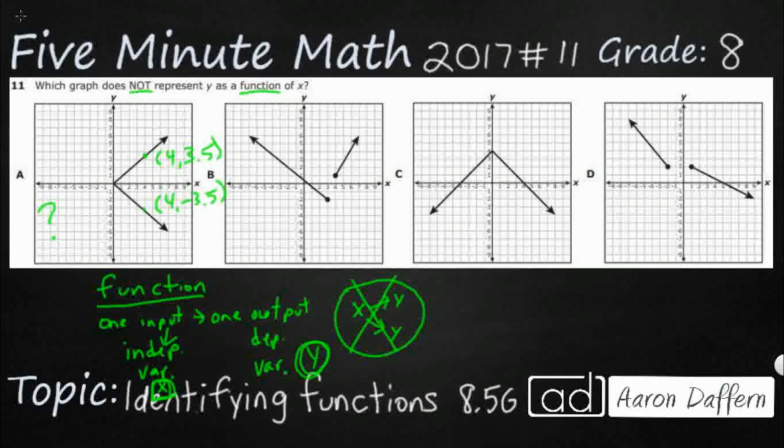And let's look. Yeah, there's this little gap right here between 3 and 4. But you're not going to find any x's that have two y's, any inputs that have two outputs. So B looks okay. C, yeah, it just kind of peaks right there at 4, but I don't see any x's doubling up.